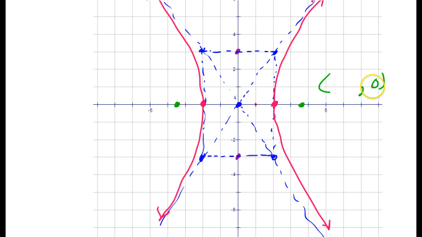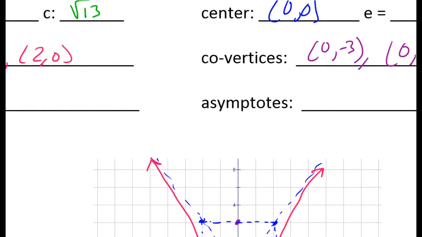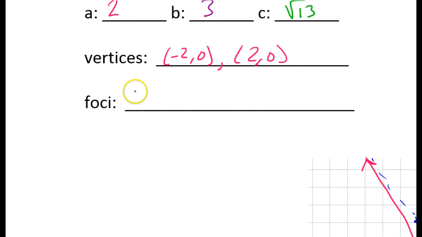So we know the y-coordinate is going to be 0. It's just a matter of what's the x-coordinate. Because the c value was radical 13, it's radical 13 to the right. So this will definitely be a radical 13. And similarly, this one will be negative radical 13, comma 0. Okay, so those are the foci.